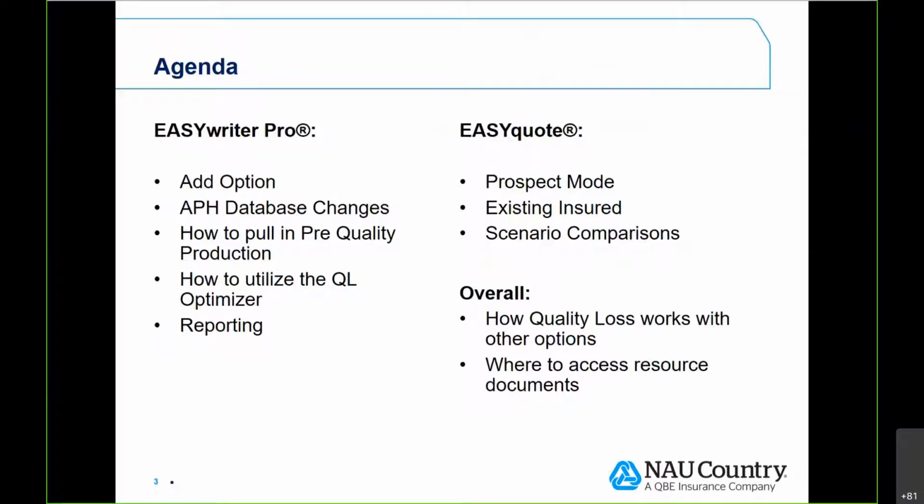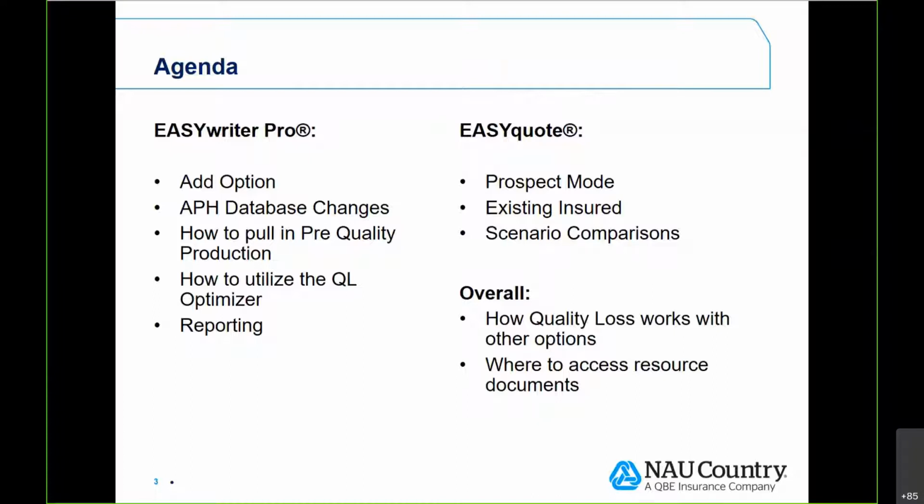All right, we're going to head into our agenda here. For today, we are going to cover lots of stuff, maybe not in this order. I'll do my best, but we are going to go over EASYwriter Pro. For those of you who were on the quality loss call that we had back last fall, we've had a lot of changes to make the system much more user-friendly for you when it comes to quality loss.